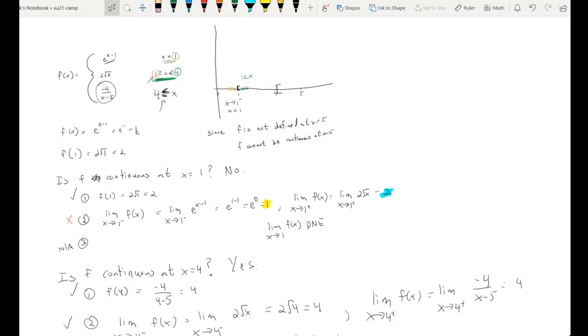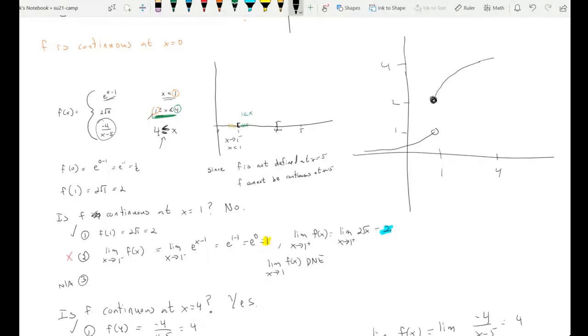I guess if I graph this function, it would look something like this: you have an exponential. I would use an open circle because that exponential is only used when x is strictly less than 1. And then you have some kind of translated and scaled, or just scaled, square root function.